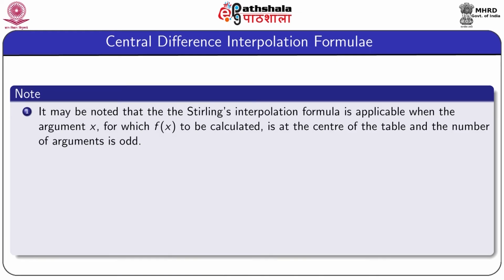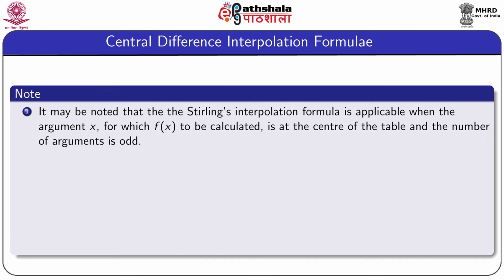Now, we observe three important points for the Stirling interpolation formula. The first one is that the Stirling interpolation formula is applicable when the argument x for which f x is to be calculated is at the center of the table and the number of arguments is odd.